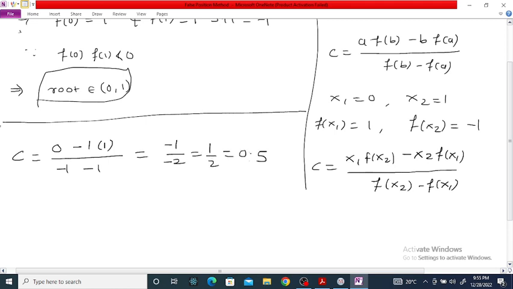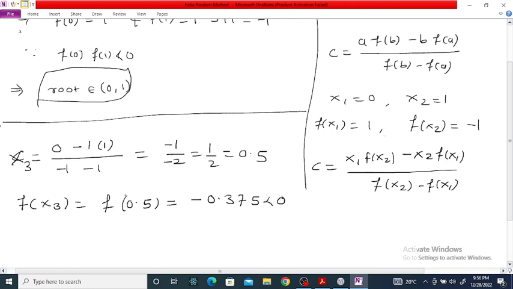That is 0.5, which we call x3. Then f(x3) = f(0.5) = −0.375, which is less than 0.